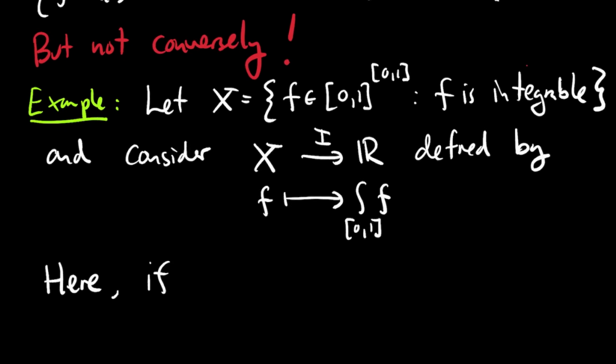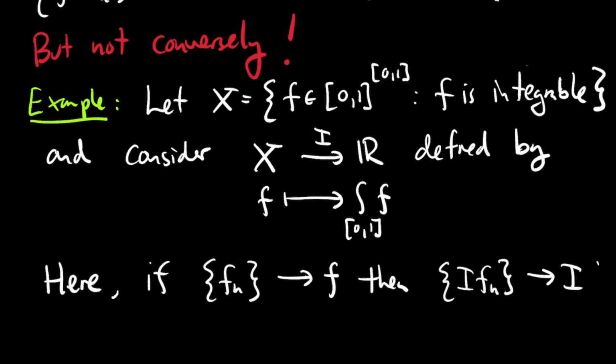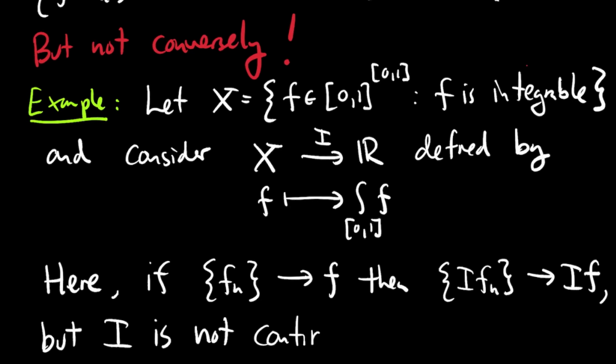This function is not continuous, but if you have any sequence of functions f_n in the domain that converge to f, their integrals converge. This is a consequence of, for example, Lebesgue's dominated convergence theorem. So this is a function that takes convergent sequences to convergent sequences, but it's not continuous.